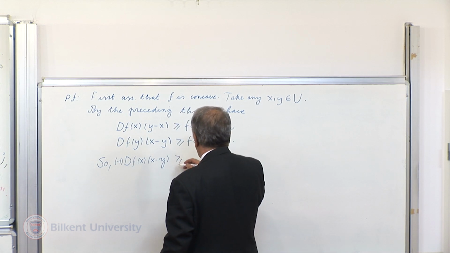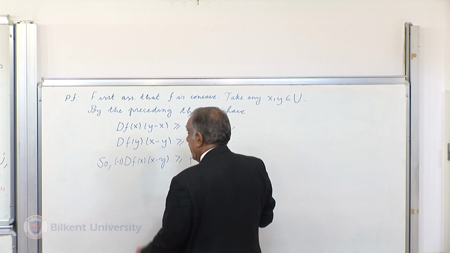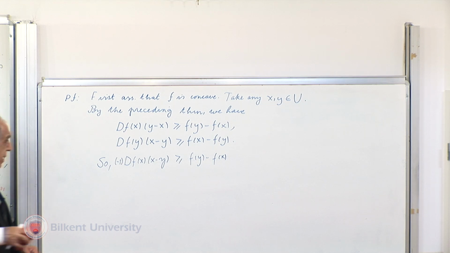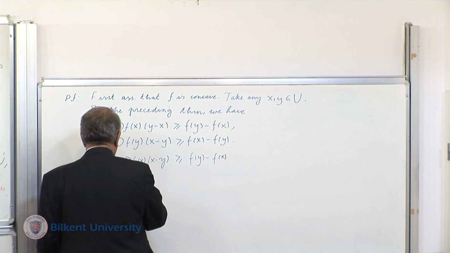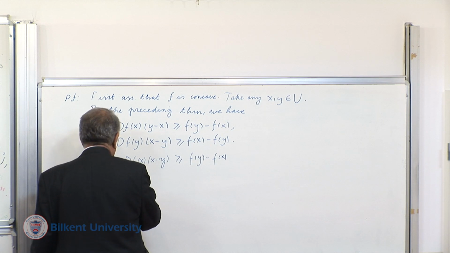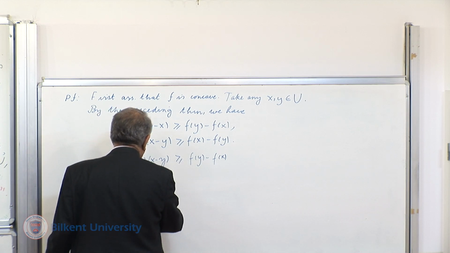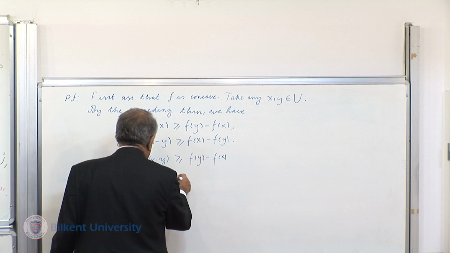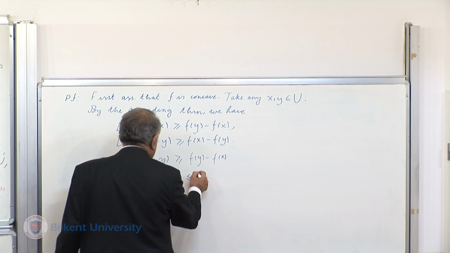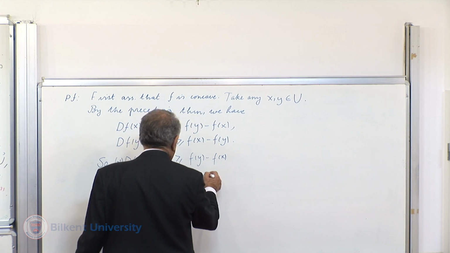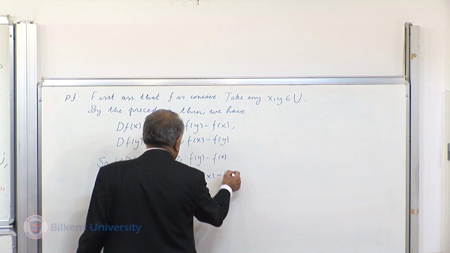This is larger than or equal to f of y minus f of x. If I multiply both sides by minus 1, thus df of x at x minus y is less than or equal to f of x minus f of y.